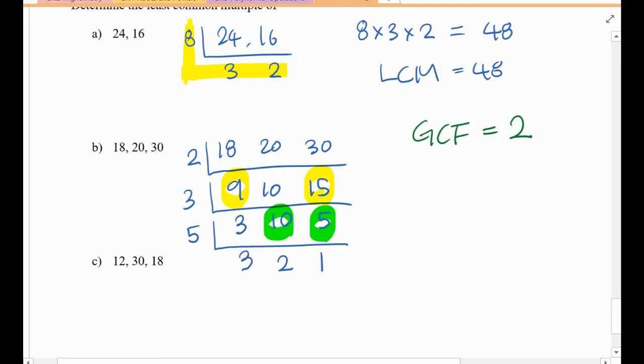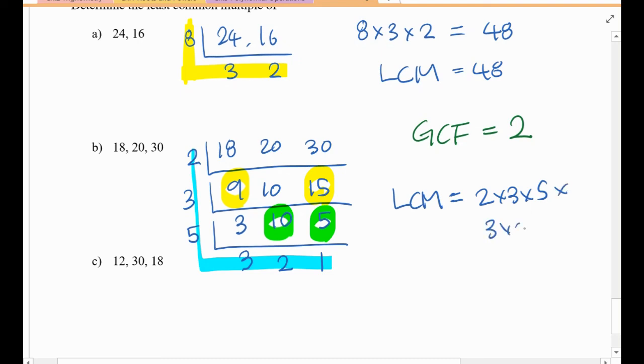You just write down 3 as it is. Now we are multiplying L shape. Okay? So LCM is 2 times 3 times 5 times 3 times 2 times 1. So using your calculator, calculate it. Then you get 180.